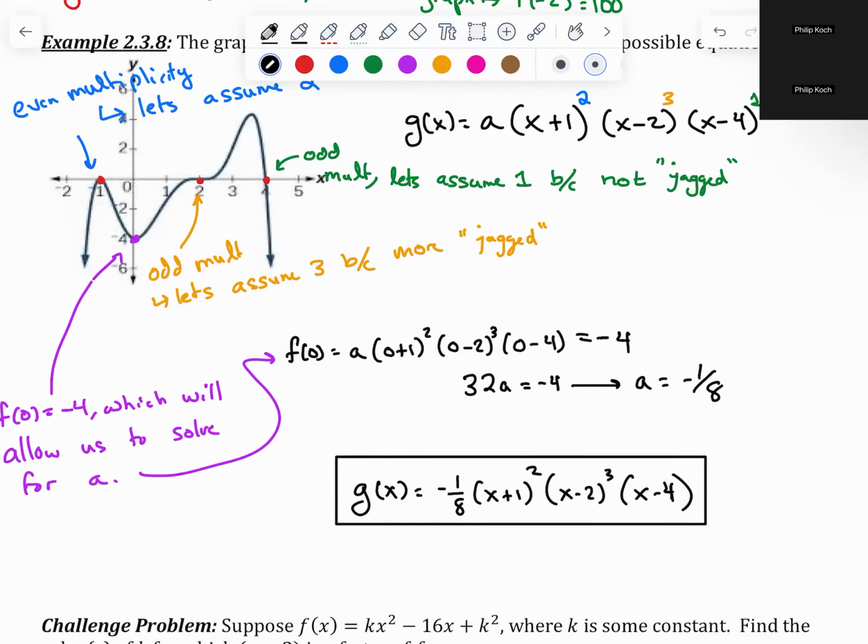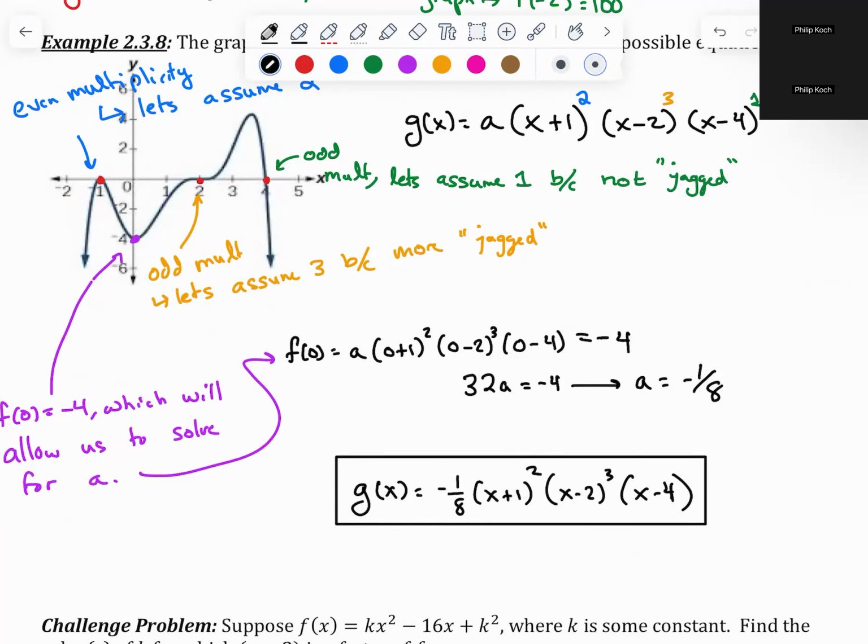If you really wanted to troll me, you could use x plus 1 to the 200th, and it would be fine. Your A value might become much smaller, because the higher the multiplicities, the larger these numbers get quite fast. To make it go through (0, -4), it'd have to be a very, very small number to vertically compress it. But either way, you could totally do that.